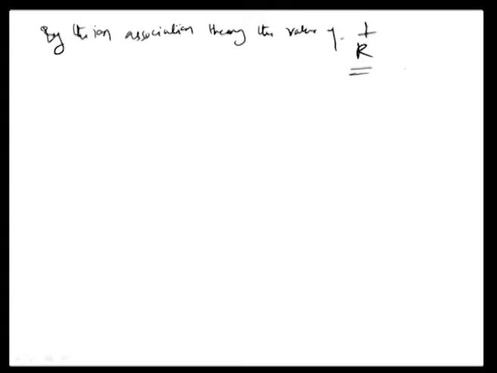By this theory of ion association, I would just like to simply state it without getting into the proof of it. By the ion association theory, the value of 1 by k in the ion atmosphere comes out to be equal to the diffuse layer thickness, let us call this thickness delta.